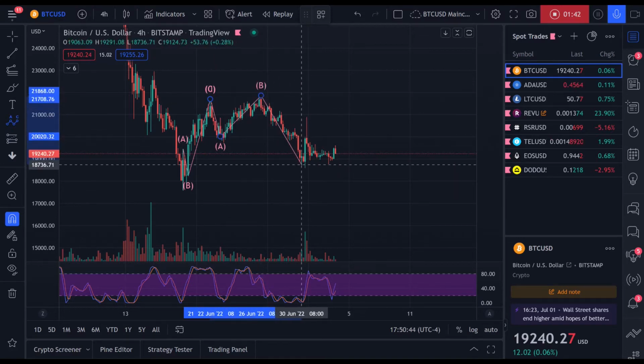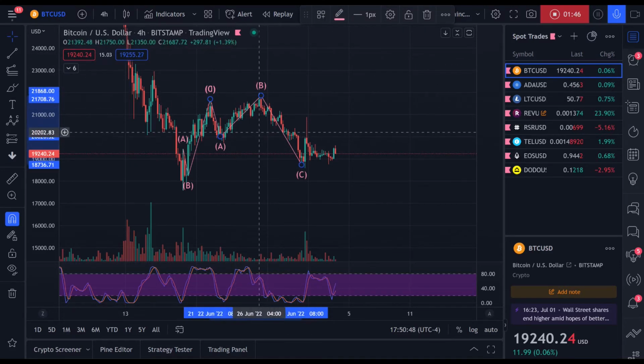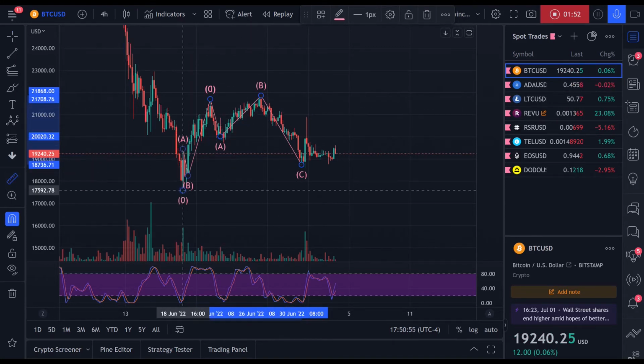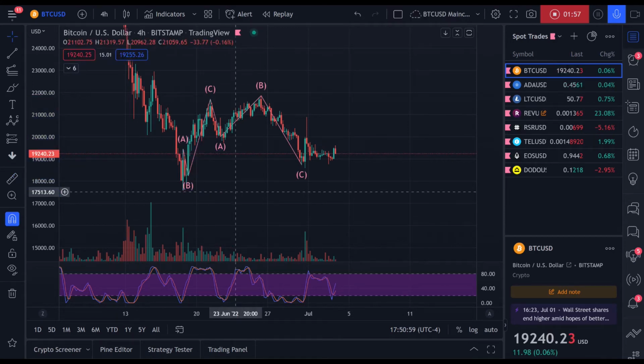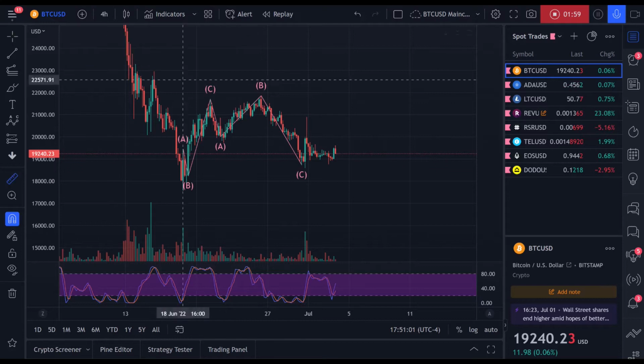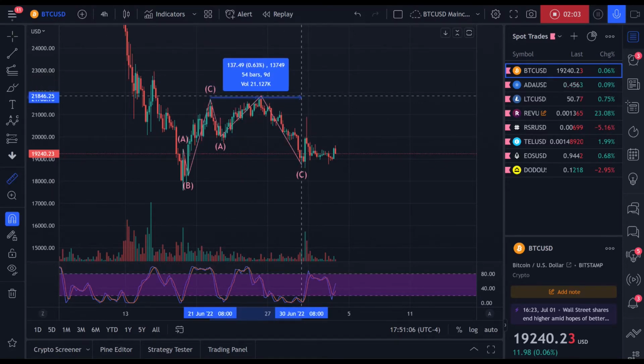It's a 3-wave structure. And how do you know it's finished? One, because proportionally, the B wave typically takes a little longer than the A wave. So this A wave in Bitcoin took about 2 days and 16 hours, okay? And this B wave took about 9 days.